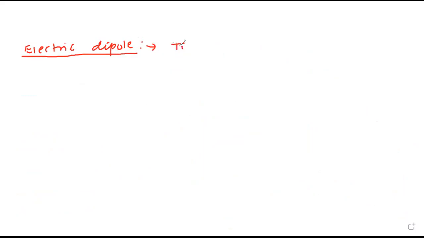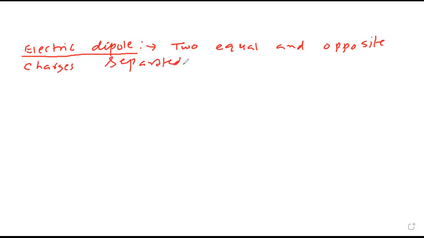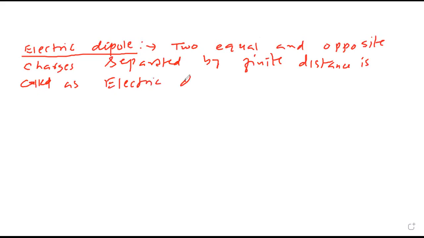So actually two equal and opposite charges separated by a finite distance is called an electric dipole.